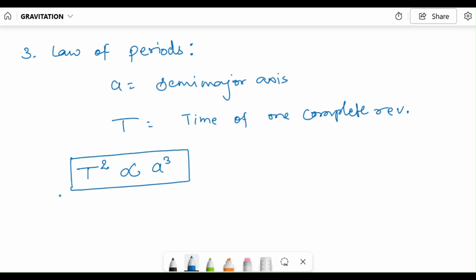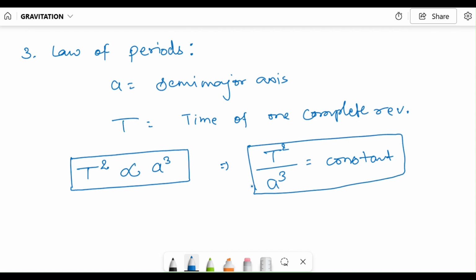Or you can write T square divided by A cube is constant. So this will help you if you know the time period of a planet and its semi-major axis, and if you know the semi-major axis of another planet of the same system, you can state its time period, or if you have the time period known, you can say what is the length of its semi-major axis.